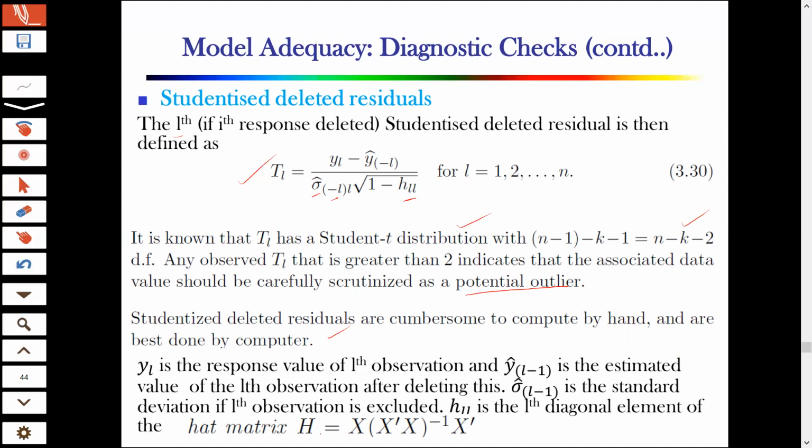And we probably remember the hat matrix is this here, and y_l is the response value of the l-th observation, and y hat l minus 1 is the estimated value of the l-th observation after deleting the l-th value, and sigma hat l minus 1 is the standard deviation with the l-th observation excluded, and h_ll is the l-th diagonal element of the hat matrix, and you already know how we can calculate the hat matrix.